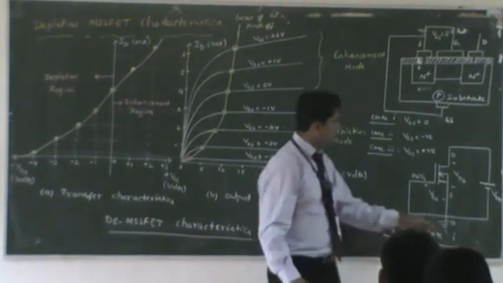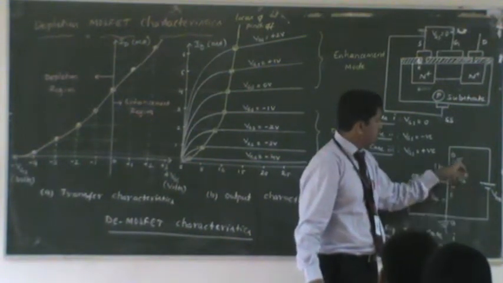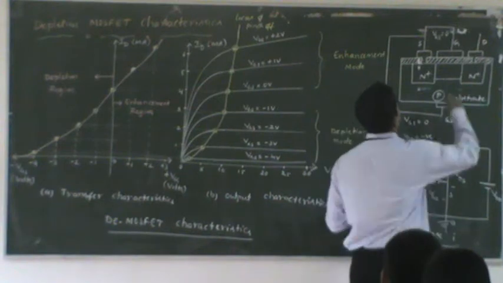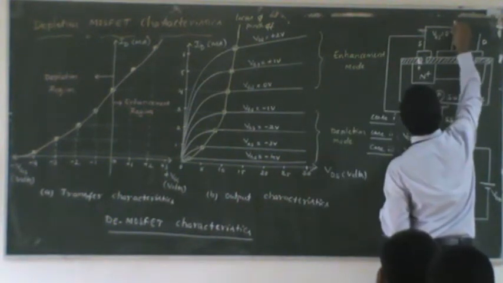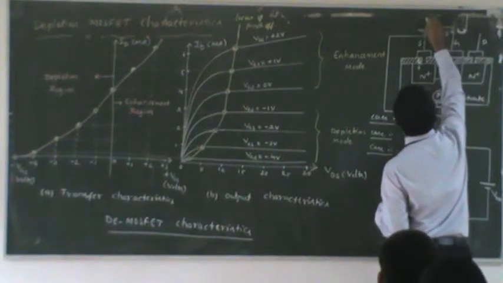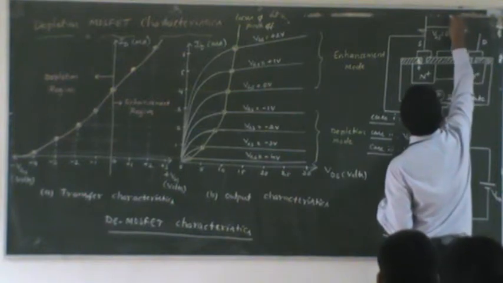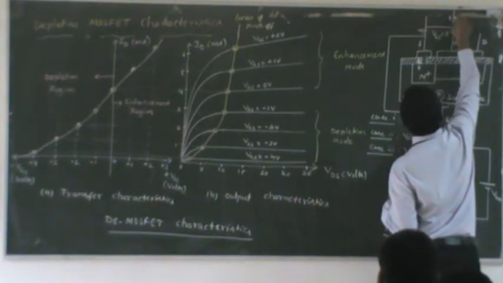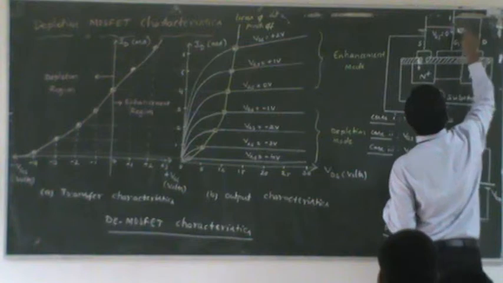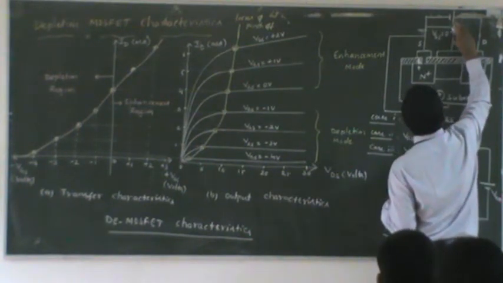Next, what else? We need to apply a power supply VDD across drain and source. I must connect the power supply between drain and source, with the negative terminal not with respect to the gate, but with respect to the source. Let me apply this. Negative. Okay.